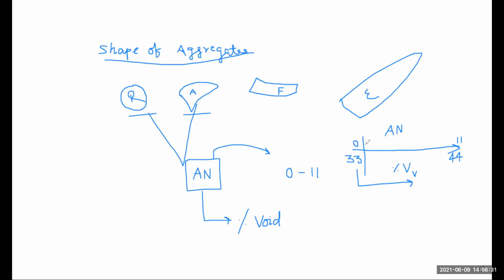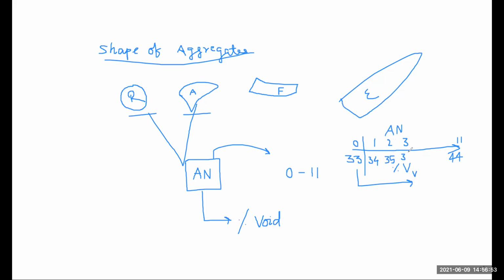If angularity number is 1, then percentage voids is 34. If angularity number is 2, then percentage voids will be 35. If angularity number is 3, then percentage voids is 36.